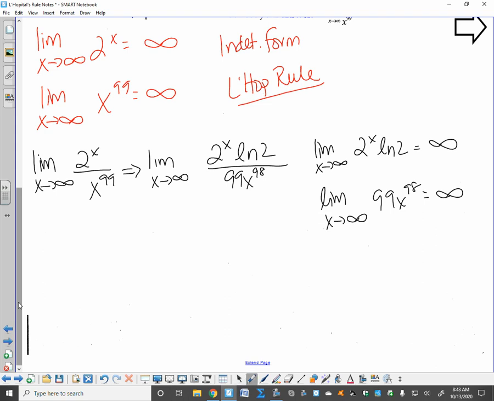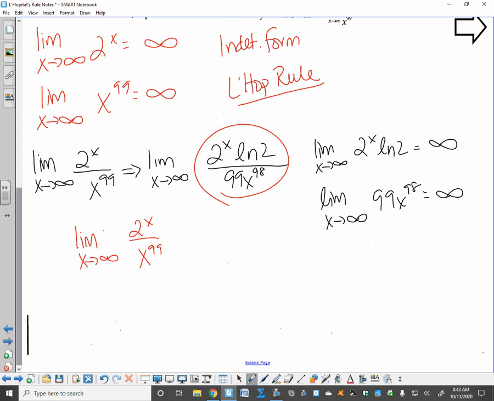So now let's think about it. I have the limit as x approaches infinity. If I go back to the original problem, and I could stay with this one if I wanted to, but it's still infinity over infinity. So I'm going to go back to the original problem because it's cleaner. So let's think about who's growing faster.